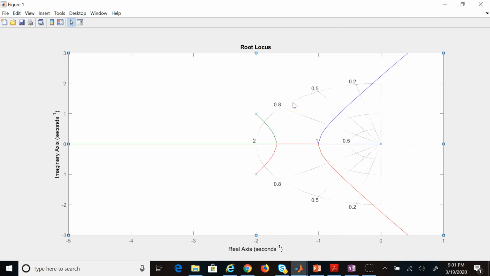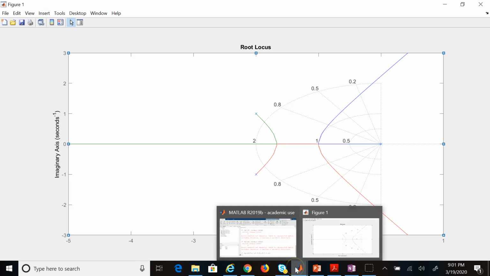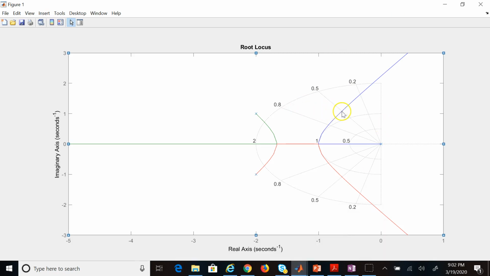Now, let's say the problem asks, for what k value I can get a zeta of 0.5, right? So I'm looking at where the root locus is intersecting the locus of zeta equal 0.5.